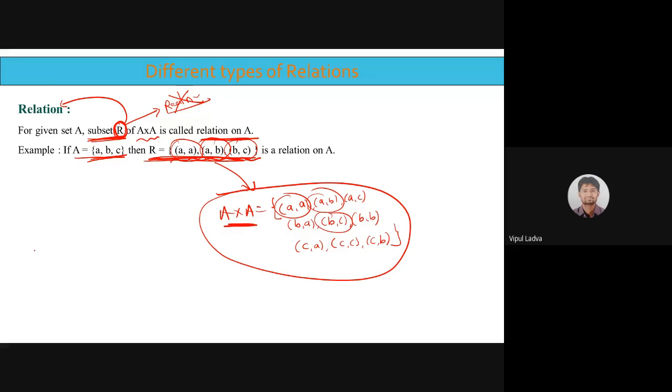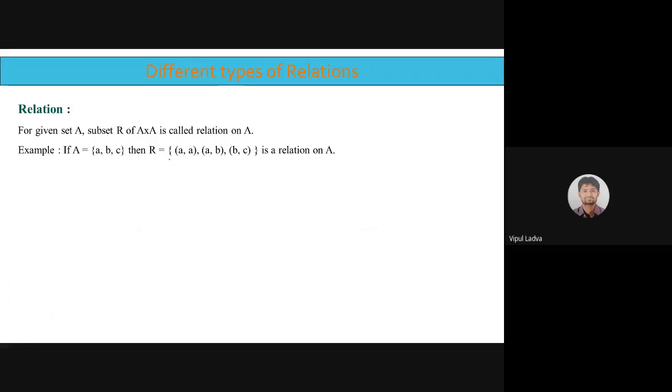In that way, this R is a subset of A cross A. And as we defined in the first line, any subset of A cross A is known as a relation. So this particular R is actually the relation on this particular set A.